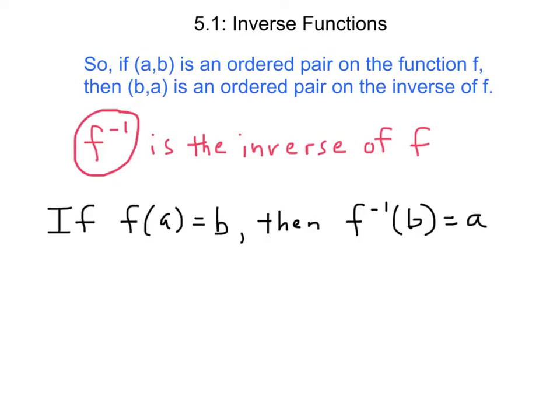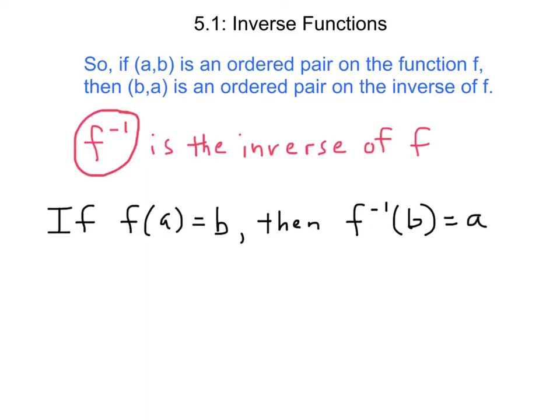So we can say that if f(a) = b, then f inverse of b = a. Now, really what that says is that if f sends a to b, so a is the number being sent and b is the number being sent to. So this notation, f(a) = b, means a is being sent to b by the function f.